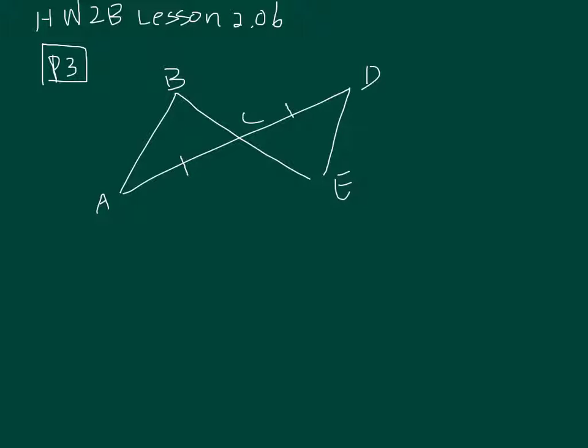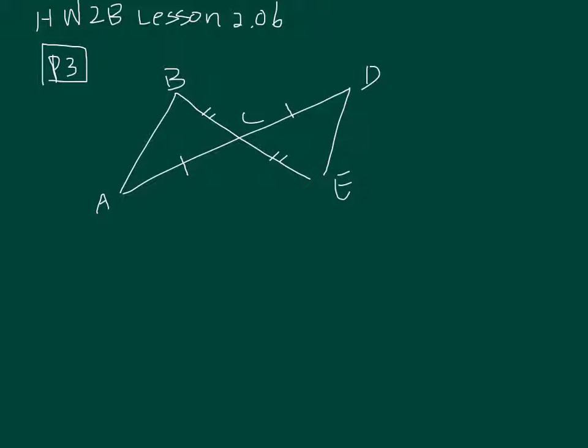It says segment BE bisects segment AD at C, so point C is the midpoint of BE. And that is given. So that tells us that segment BC is congruent to segment CE.